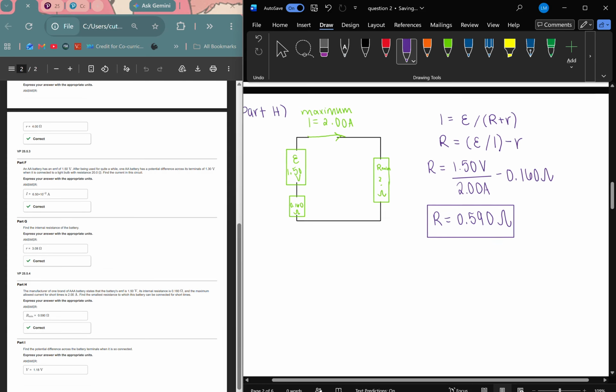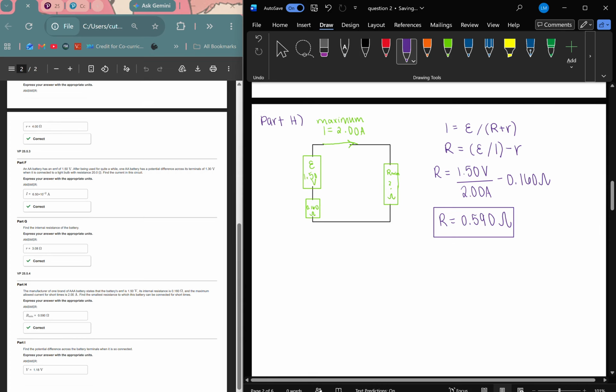So now we're going to do part B, which is find the potential difference across the battery terminals when it is so connected. So this is similar to what we did before. Basically it's asking the battery's terminal voltage when it's connected to the minimum resistance that I just calculated. Oh, I forgot to put that.